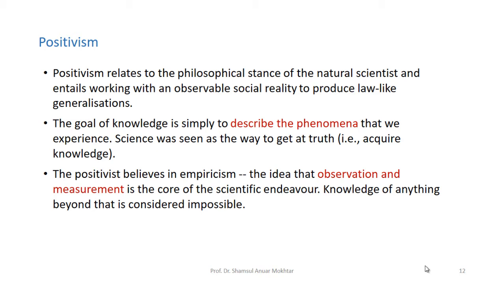So if you are a positivist, it's quite impossible for you to measure happiness, sadness, anger, because we can observe that people are angry, but we cannot directly observe what anger is. Can you see anger?